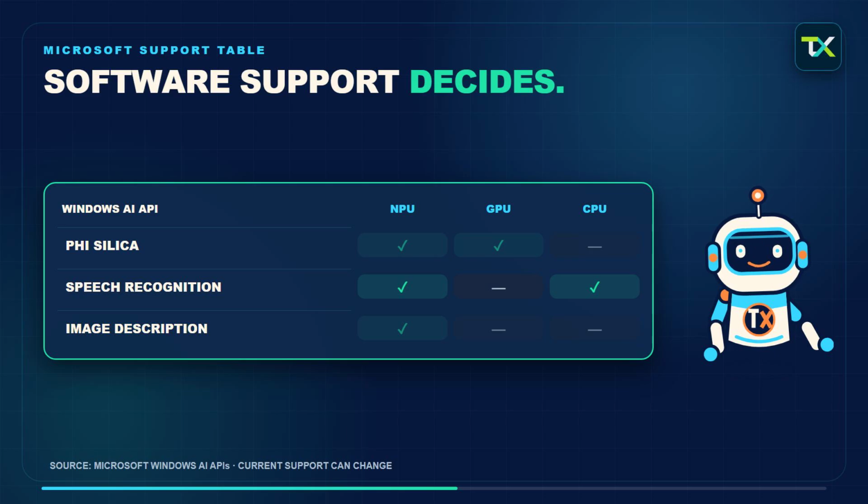If you are buying for one advertised feature, verify that exact feature instead of assuming every artificial intelligence application uses the same accelerator. Check the developer or Microsoft support table, the required Windows version, and the hardware listed for that feature. An accelerator that an application cannot address adds no benefit to that unsupported task. This is why software support can matter more to the decision than a large number printed beside the chip.